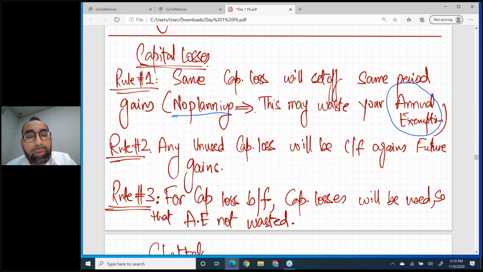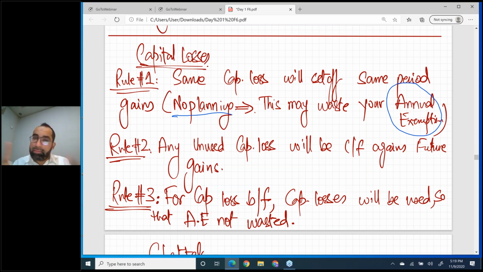But there is good news. When you have a brought forward capital loss from last year, then now you can do planning. What is the planning? Brought forward capital loss should be used in that style that you don't waste your annual exemption. Okay, so be careful.